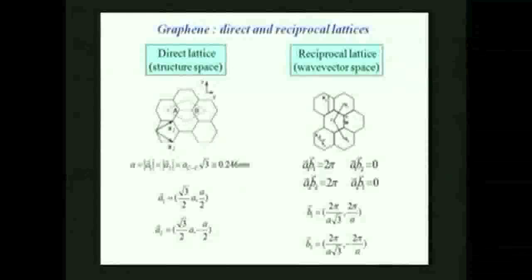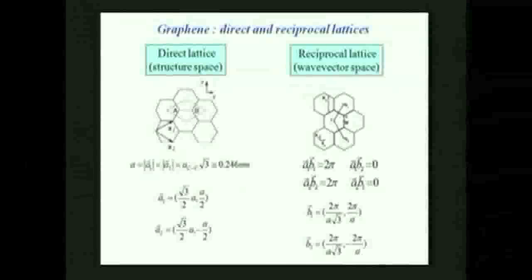The scalar product between A2 and B2 will be the same constant, and usually we take 2 pi. When you work in diffraction, in crystallography, you don't really care about this constant. But usually, when you work in the wave vector space, you take this constant equal to 2 pi. So you say that the scalar product A1, B1, A2, B2 is equal to 2 pi.